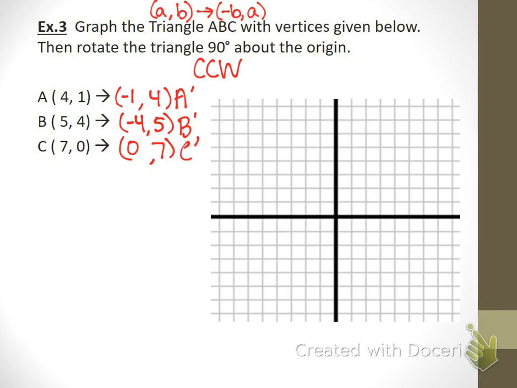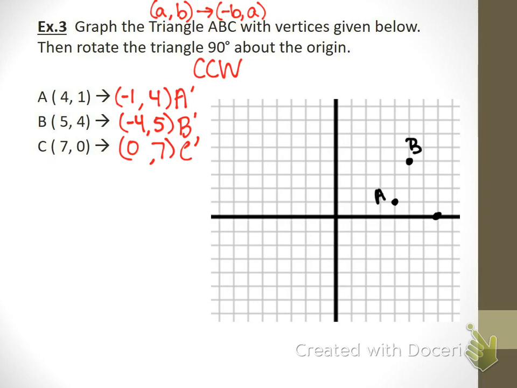We'll graph our initial triangle, our pre-image ABC, at 1, 5, 4, and 7, 0.